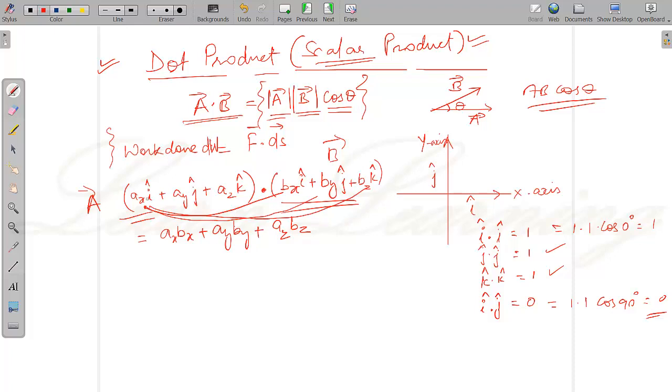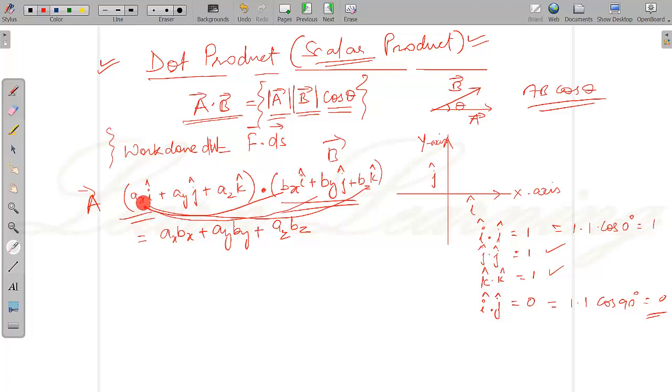I dot I will be 1 and I with the others will be 0, because the angle between I and J is 90 degrees and I and K is also 90 degrees. So basically you take the similar terms: AX BX, AY BY, and AZ BZ. This is how you do a dot product. You understood? Because the other components are going to be 0.